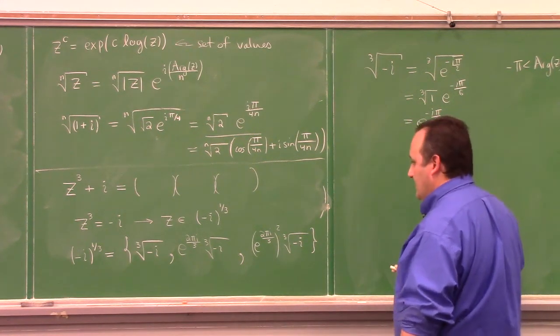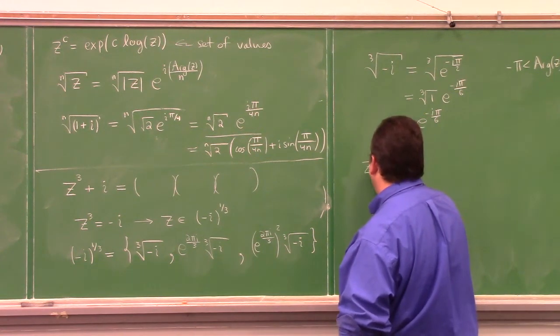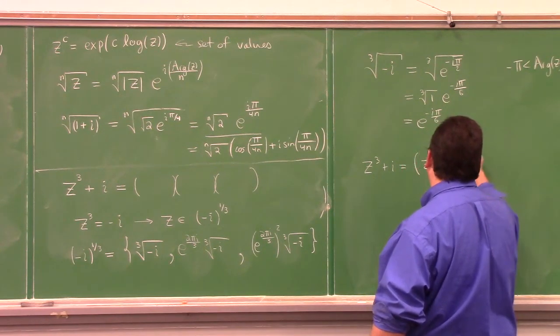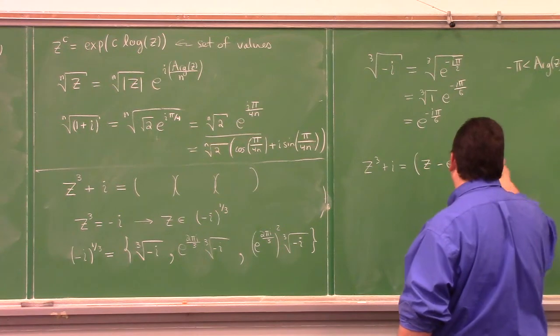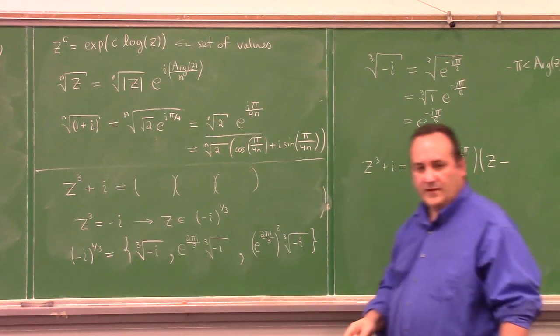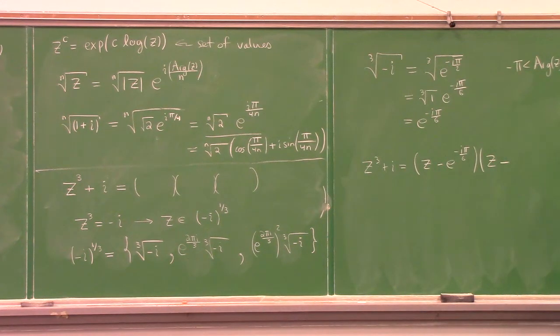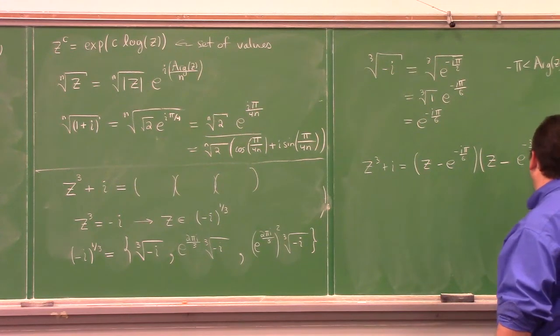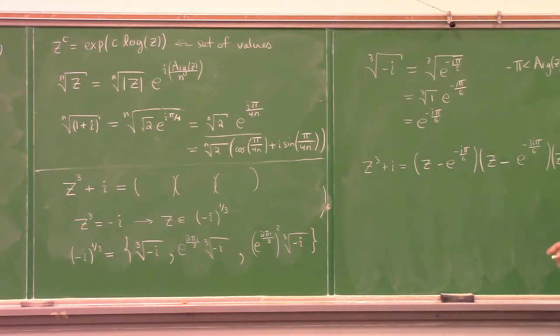And so, putting it all together, z cubed plus I by the factor theorem is z minus e to the minus I pi over 6, times z minus, if I do e to the 2 pi I over 3, that's 4 pi over 6, so 4 minus 1 is 3 pi over 6, so e to the minus 3 I pi over 6, times z minus e to the minus 7 pi I over 6.